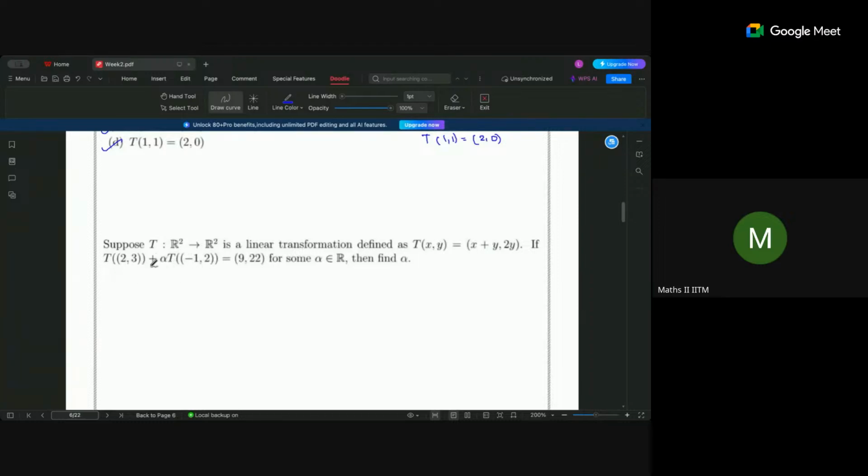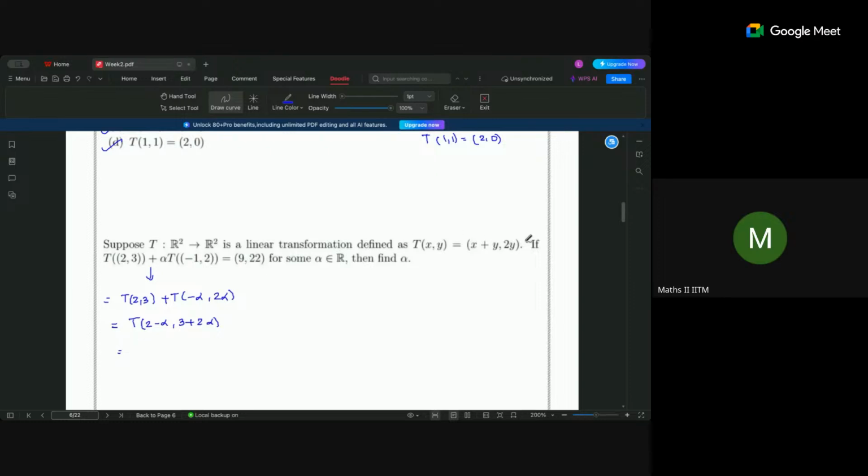So this part is now equal to T of 2 comma 3 plus T of minus alpha comma 2 alpha, and now this is equal to T of 2 minus alpha comma 3 plus 2 alpha.